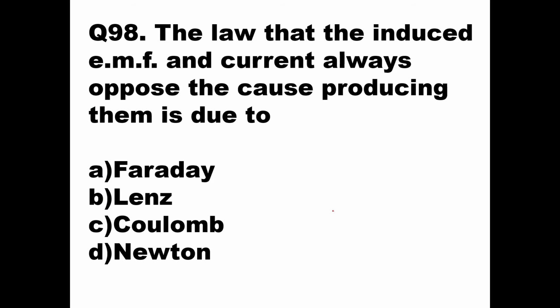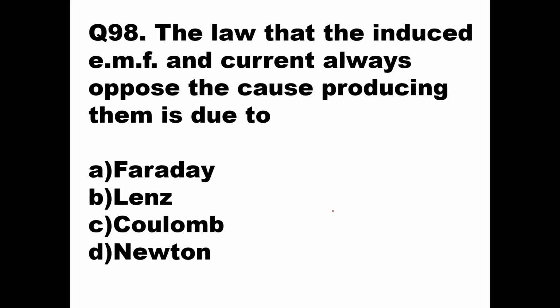Then we'll go to the next question, question number 98. The law that the induced EMF and current always oppose the cause producing them. Whenever a magnetic field is cut by a conductor and voltage is induced in it, the direction of that induced voltage will be opposite to the cause producing it.